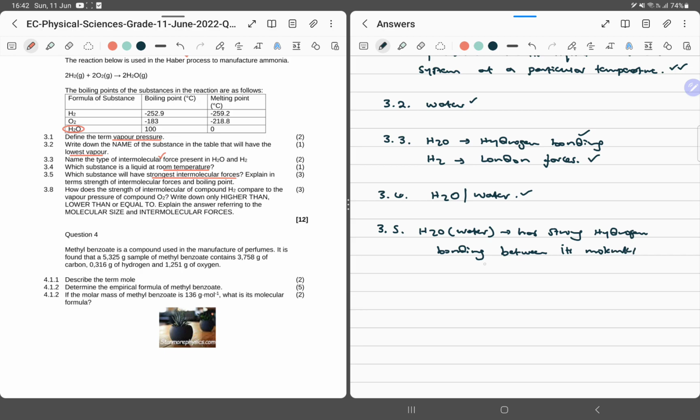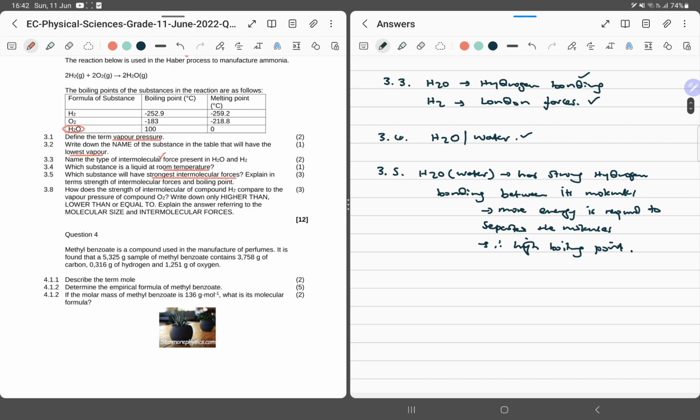All right, therefore more energy is required to separate the molecules. Therefore, we'll have a high boiling point. I'm sorry for the writing, it just keeps on fading.